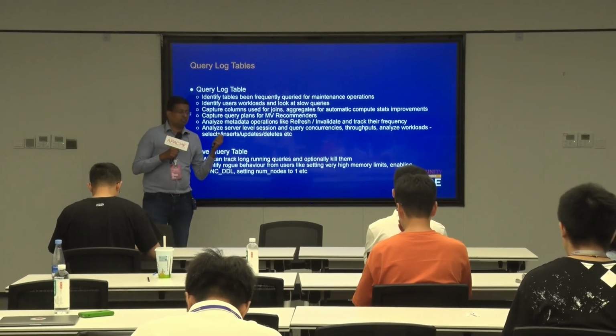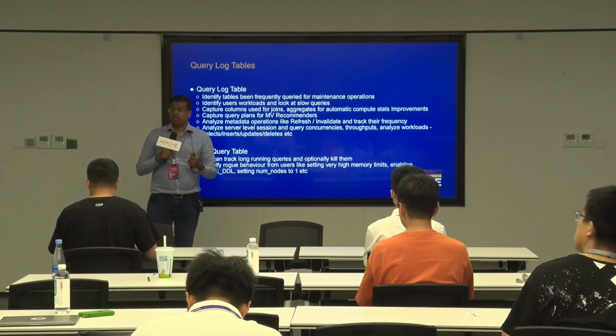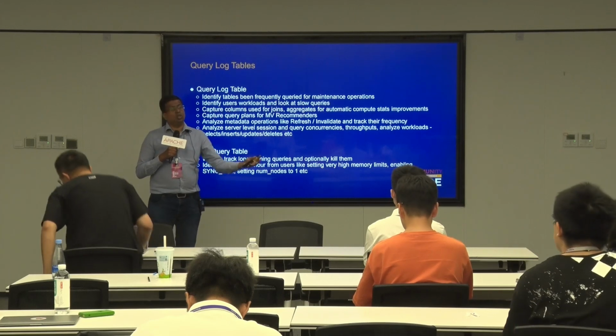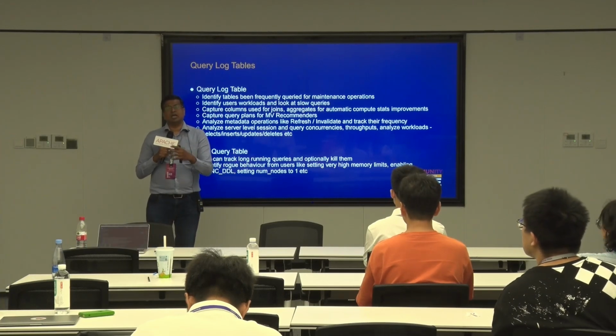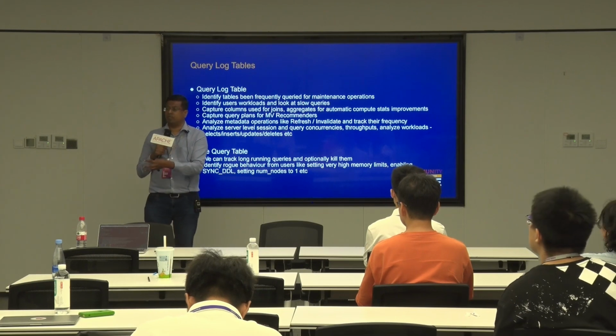With sys.query, with the live query table, Impala itself reaches out to all the coordinators to understand what the live queries running are, and then we are adding the ability to also kill a query.